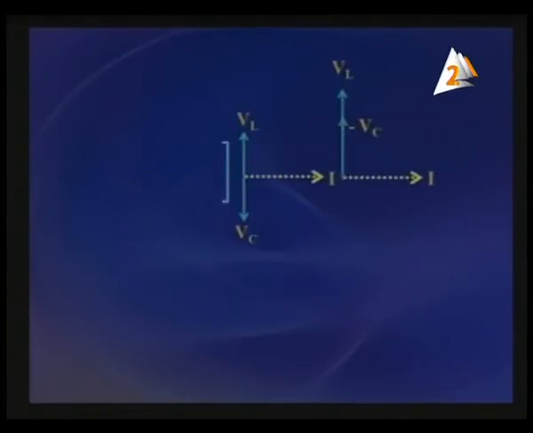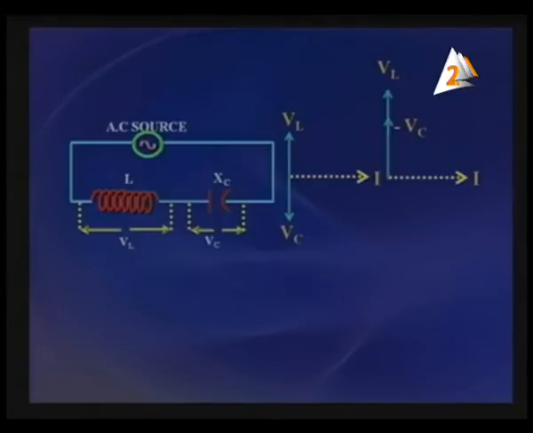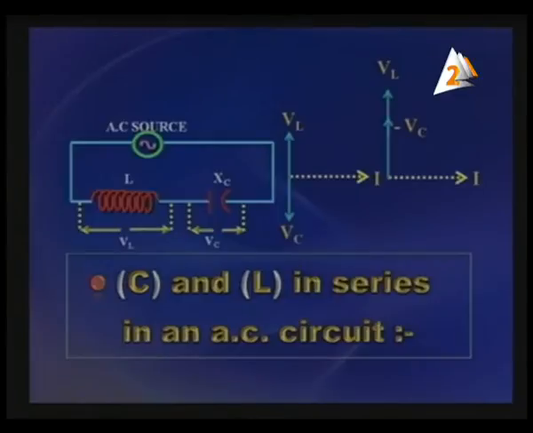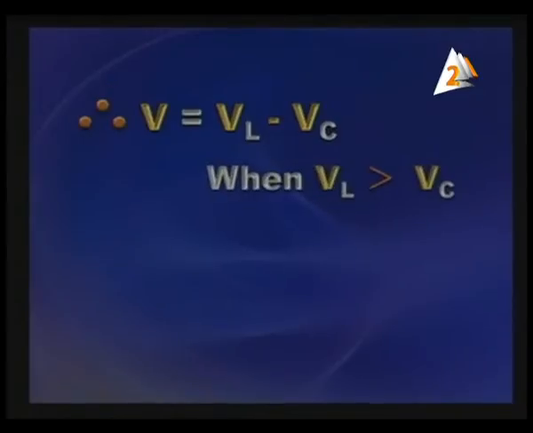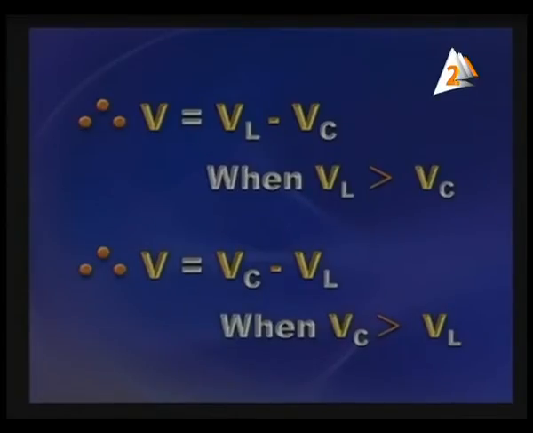And now we've got a circuit that contains a pure inductor and a capacitor, C and L in series in an AC circuit. The total voltage is determined from the relation VL minus VC when VL is greater than VC, or VC minus VL when VC is greater than VL.